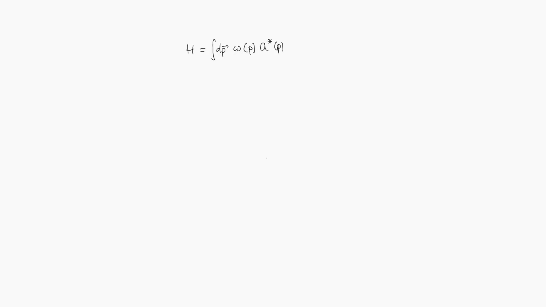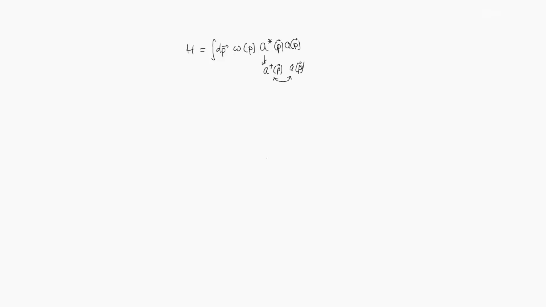If you do a similar computation for the Hamiltonian H in quantum field theory, of course, now you know that A star and A will be replaced by A dagger of p and A of p. But you have to be careful here because these two operators, A dagger and A, do not commute with each other.